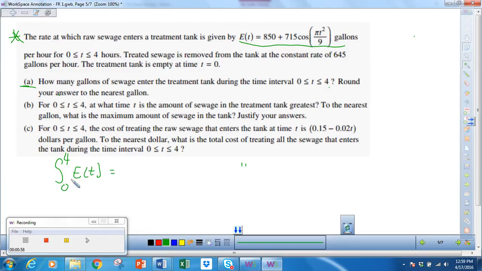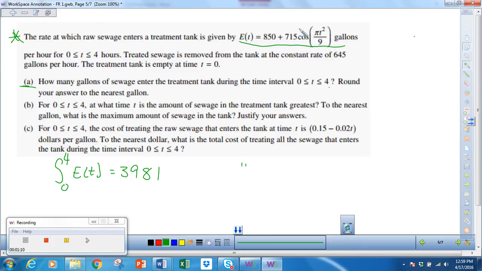Now, it is perfectly fine to write this expression this way and just use your calculator to give you the answer, which is 3981. Generally, on the AP exam, since they define E of t and you define E of t here, this is correct nomenclature, and you'll get full credit for this.